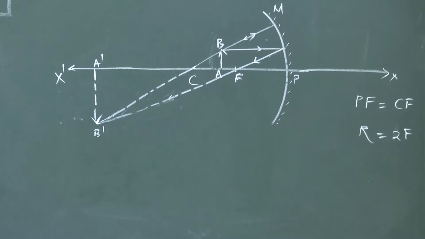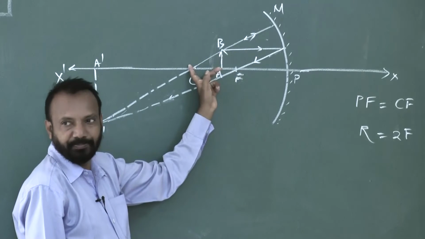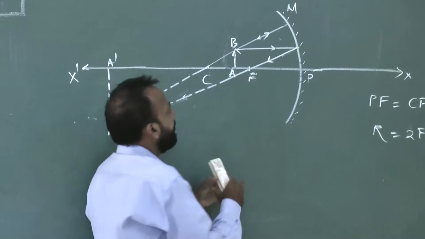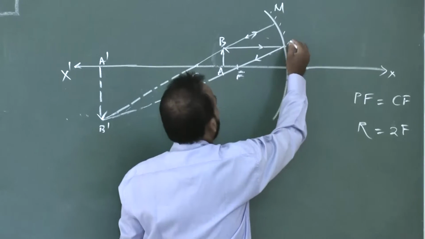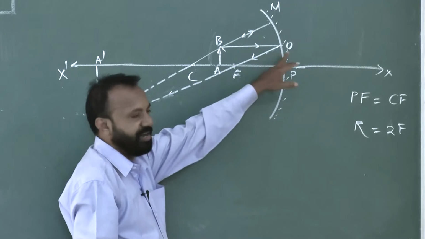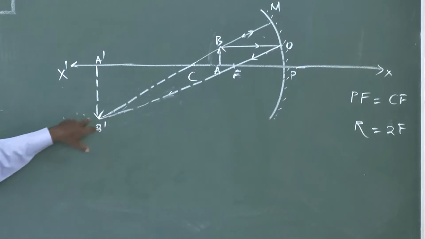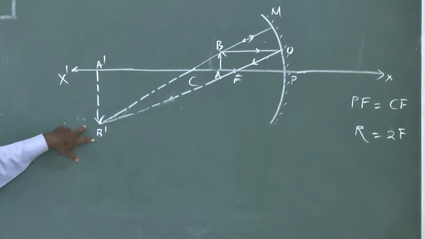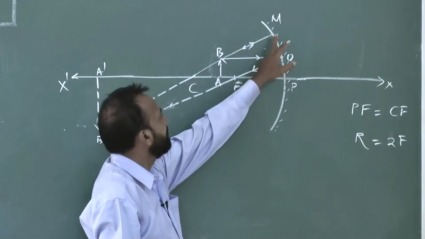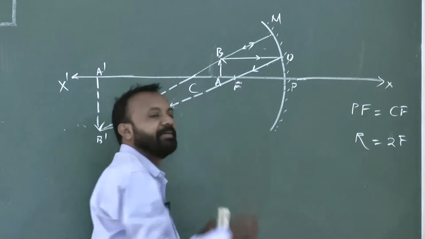Okay. Now you see, the object is in between F and C, and one of the rays is falling here. Suppose I name it BO, the incident ray, and it gets reflected passing through the focus. Now another ray is falling on the mirror perpendicularly, so that it returns back.